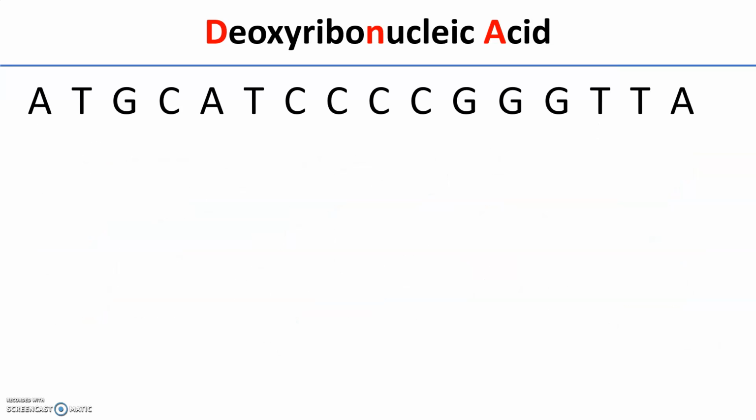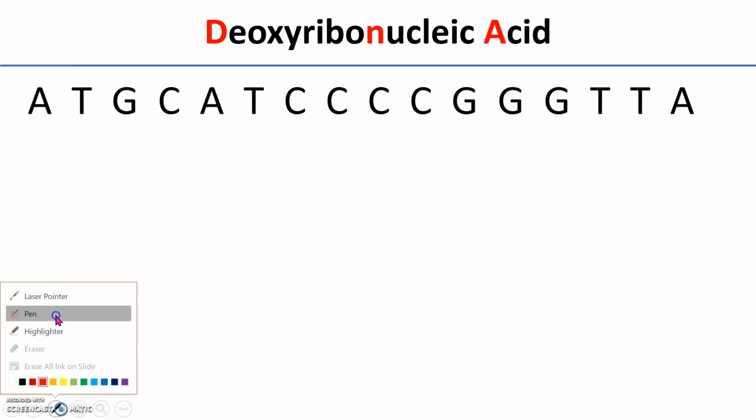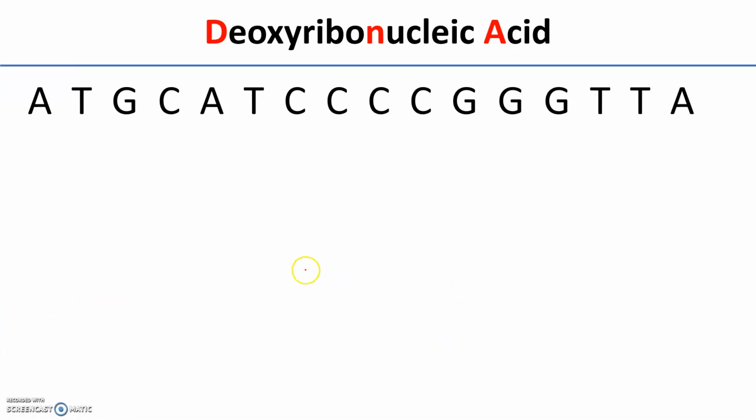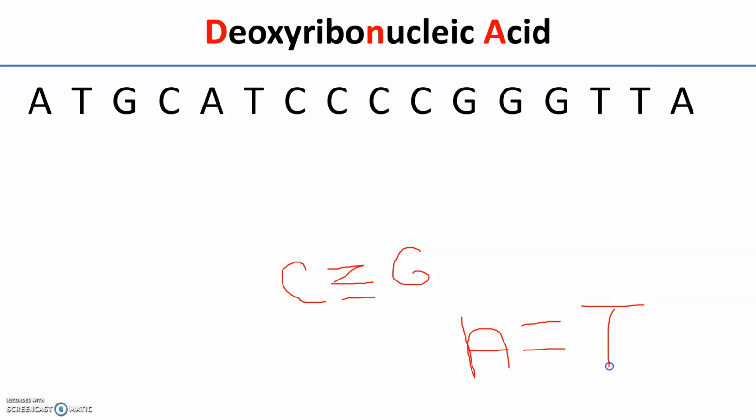Now, we talked about how these things bound together, right? Remember that C binds to G and A binds to T. So if this is one strand of DNA, you can tell me what the other strand is based on how they bind together.